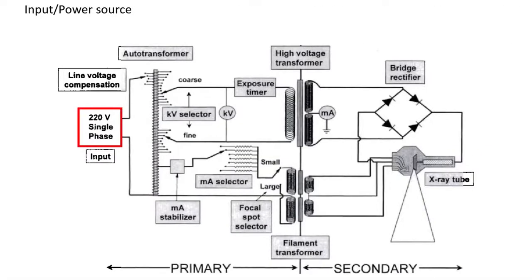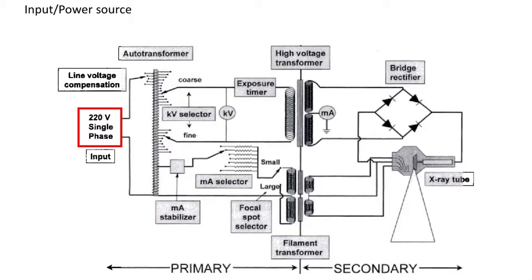So let's begin. The first component that's quite important and will always be present in the context of X-ray generators is the power source. This is related to what the power supplying company gives to either our hospital or where our practice is.